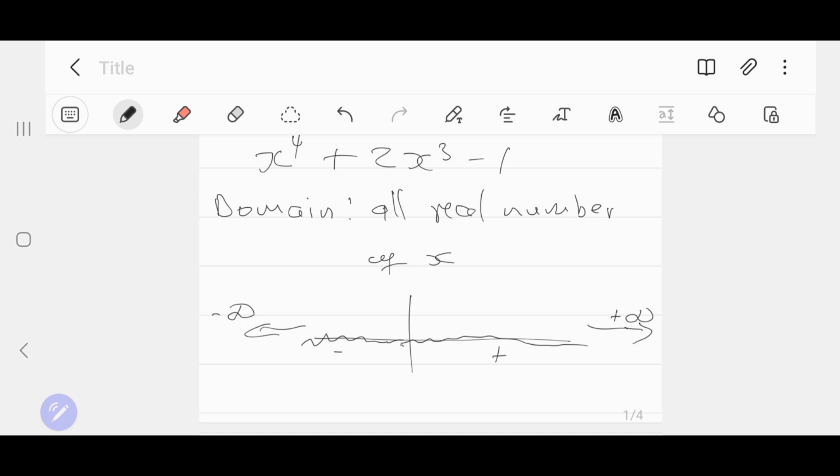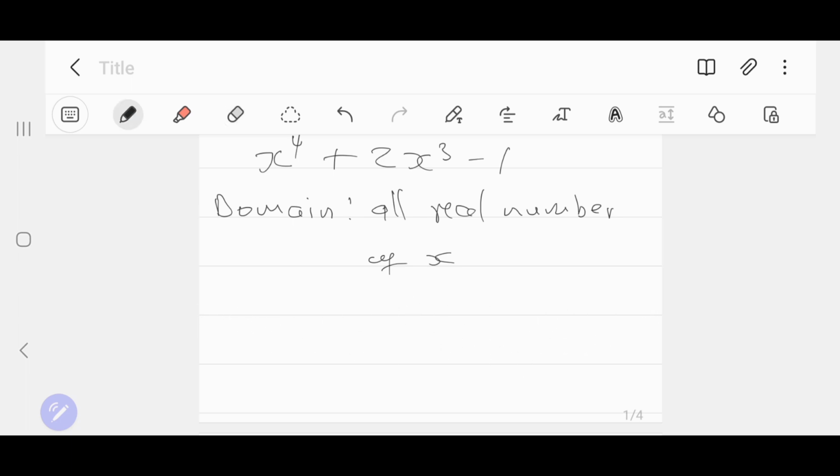It doesn't have any restriction, people. It doesn't have any behavior that cuts off a particular section of our x-axis. So that's why we say the domain of the polynomial function is all the real numbers of x, people. So this means it exists everywhere on our x-axis.